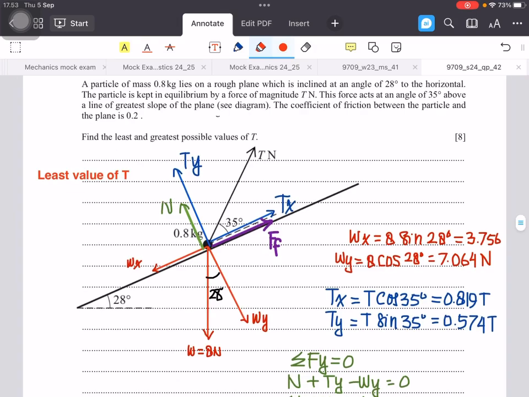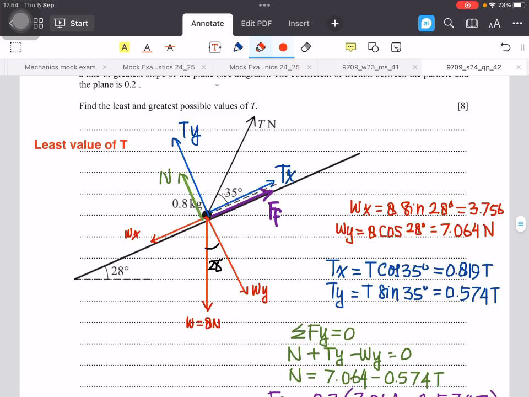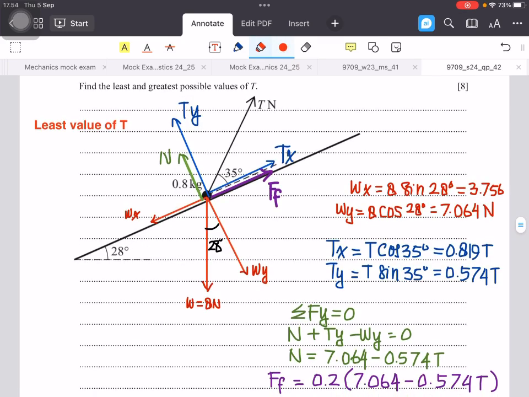And then to find the normal force, we can use the fact that the object is in equilibrium in the y direction, perpendicular to the plane. So sigma Fy is equal to 0, and plus Ty minus Wy is equal to 0.